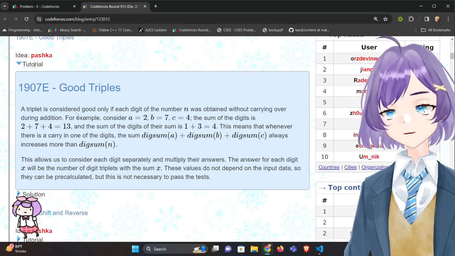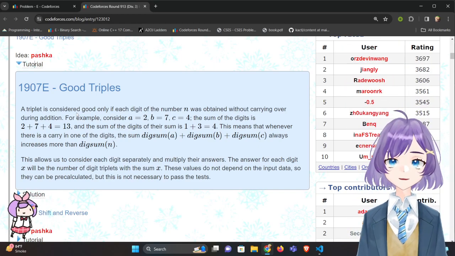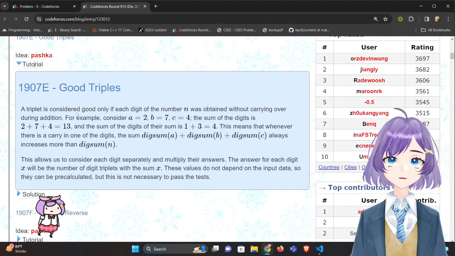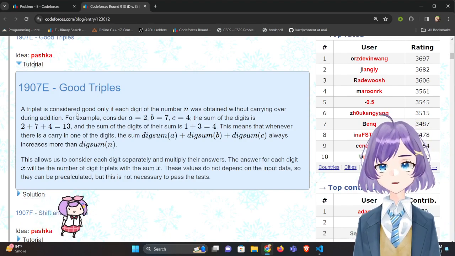A triplet is considered good only if each digit of the number n was obtained without carrying over during addition.